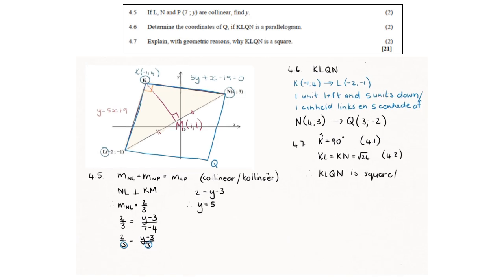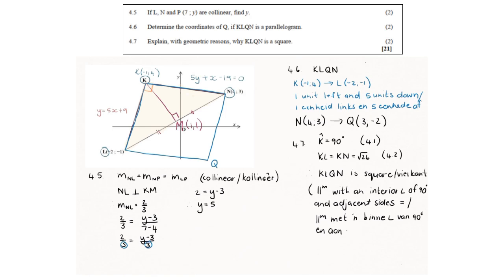And since KLQN is a parallelogram with an interior angle of 90 degrees and one pair of adjacent sides equal, it means KLQN is a square. And for this question, you also get 2 marks, 1 mark for the interior angle of 90 degrees and 1 mark for adjacent sides equal.